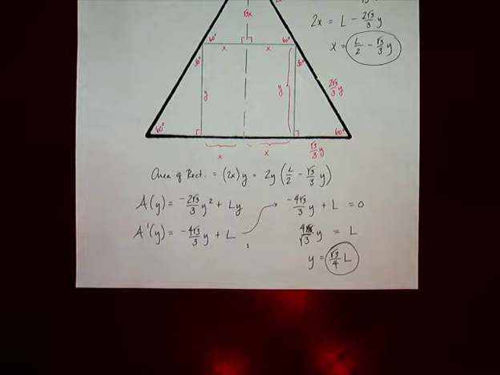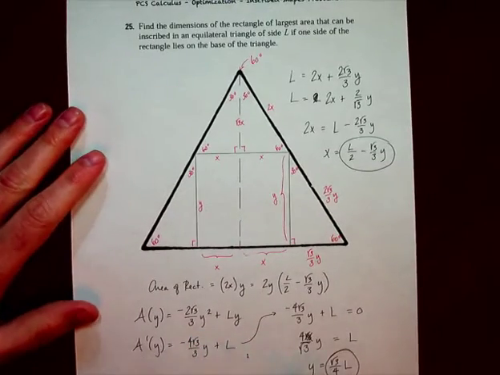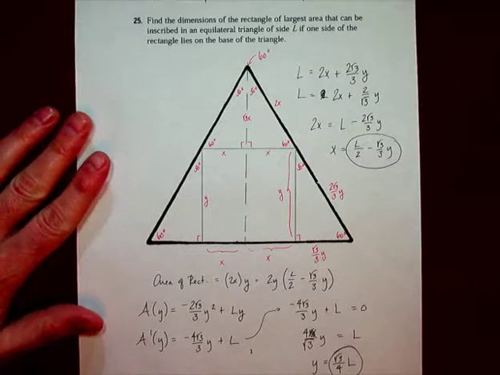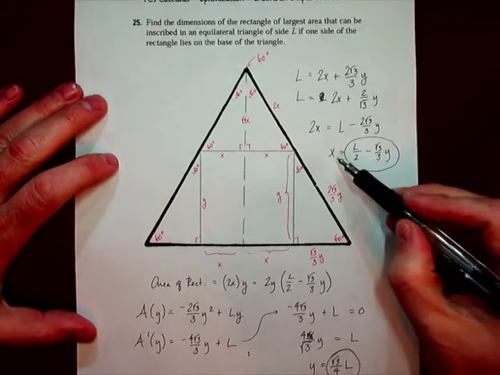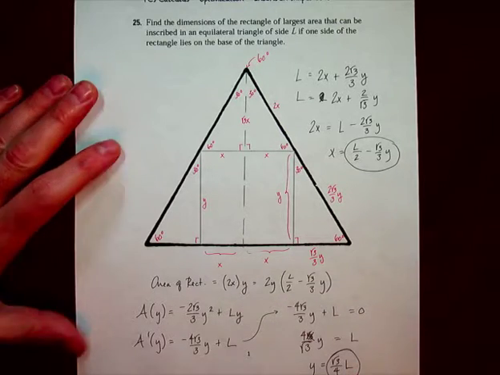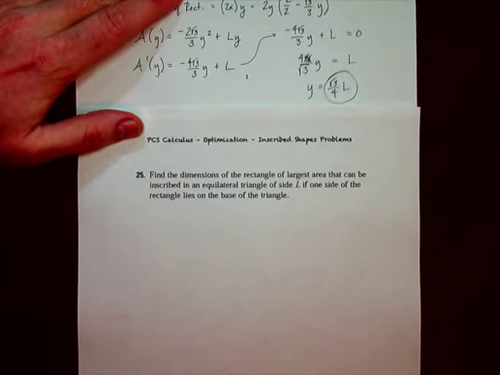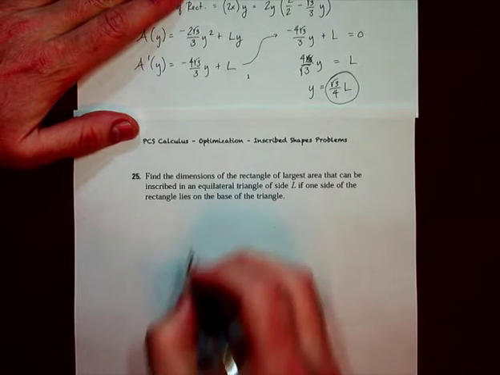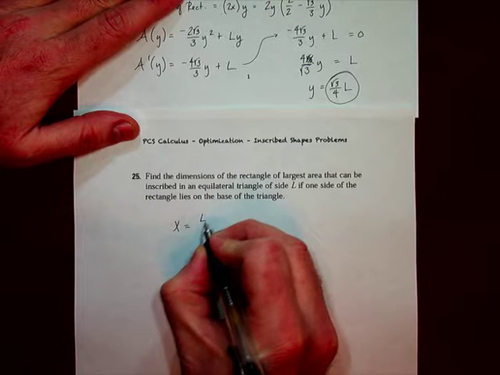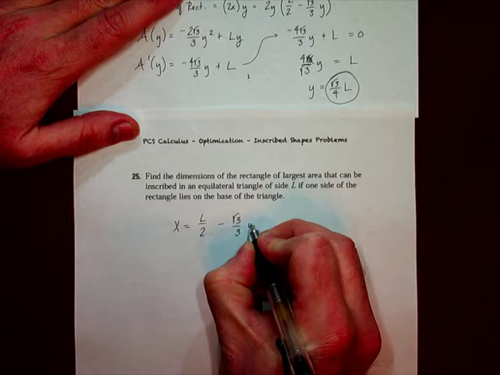Now, we have our critical value. What is it that we were actually asked? Find the dimensions of the rectangle. Well, I have x in terms of y. All I would really have to do is just plug that back in, okay? So I've got another sheet of paper here with the problem on it. I see the fact that x is equal to L over 2 minus root 3 over 3 y.